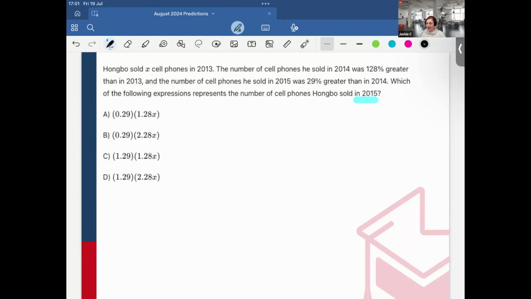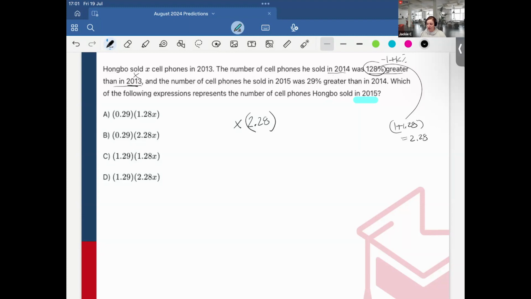So the number of cell phones he sold in 2014 was 128% greater than 2013. If I wanted to calculate this, I would do 1 plus k percent, or 1 plus 1.28, which is equal to 2.28. So this would be x multiplied by 2.28.